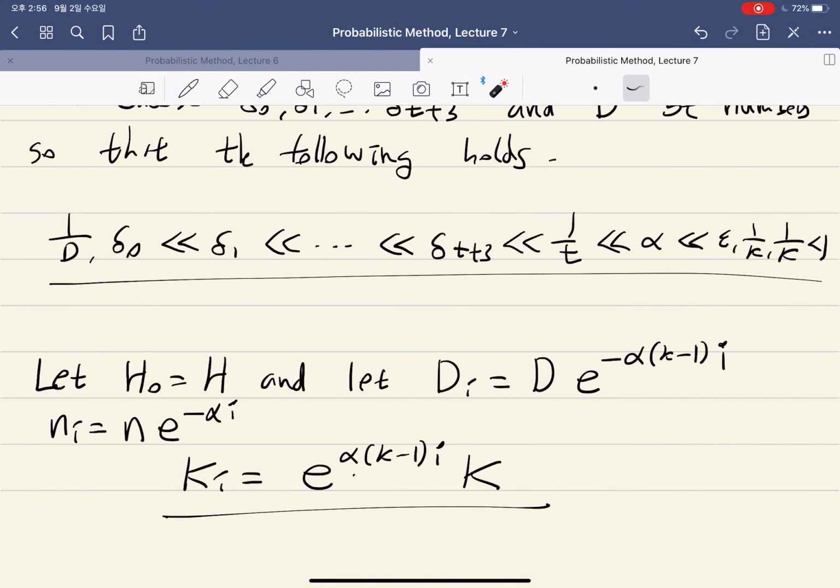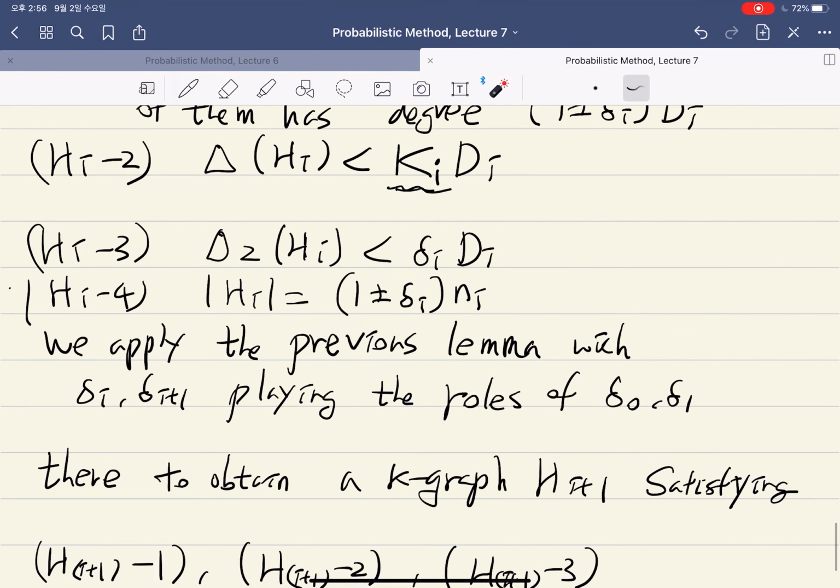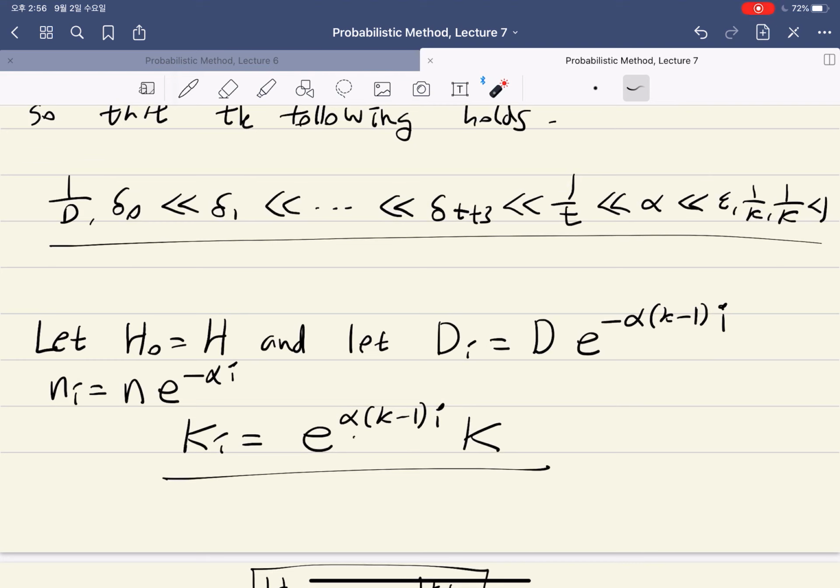Okay. It's slightly getting more complicated, but okay. Let's do this. Indeed, the gap here is how we have chosen, so that we make sure this relationship is our choice, so that if we apply the lemma with these two consecutive ones, the lemma holds.